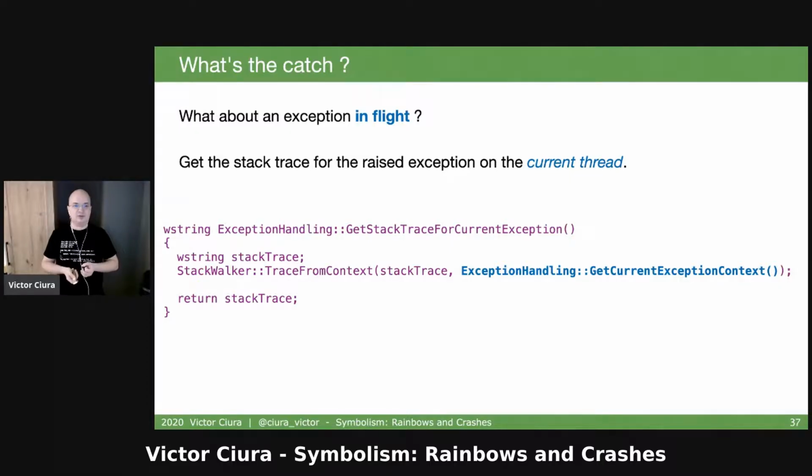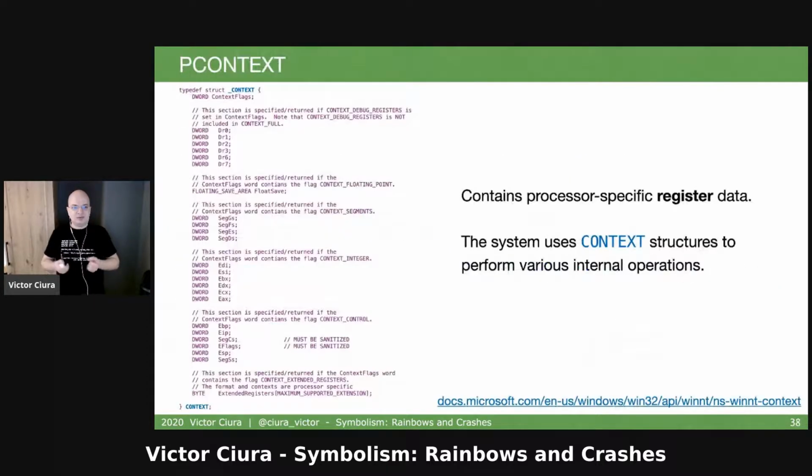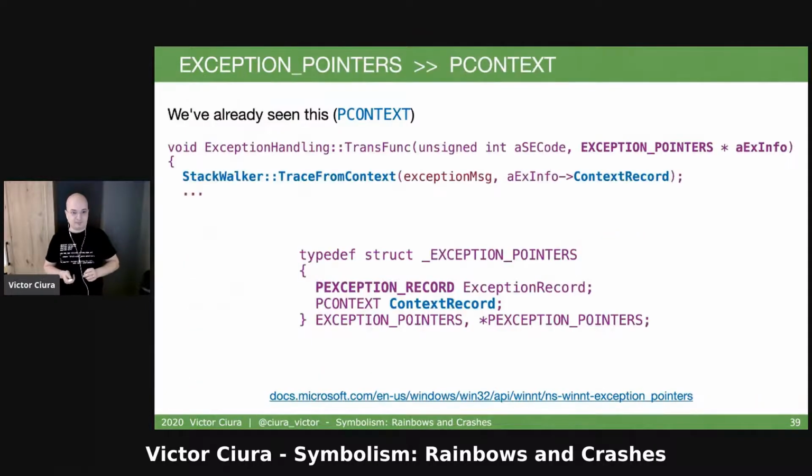And let's see how it looks. So it gives us this PContext, this structure that we've seen before. And it contains processor-specific register data, register values, and various flags that you can mine for particular interesting bits. Again, if you want to read more about this structure and how it's used, there's a link there. But we've seen this one, so we know how to deal with it. We've seen it in the translator function, the callback that we used for the CRT hook.